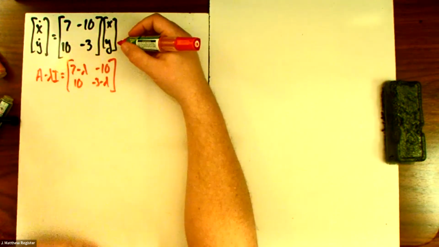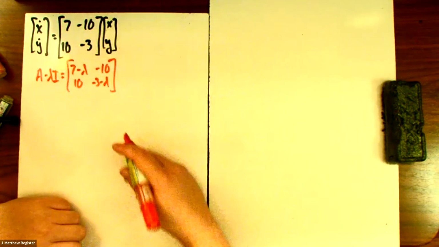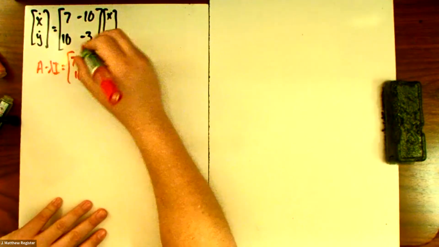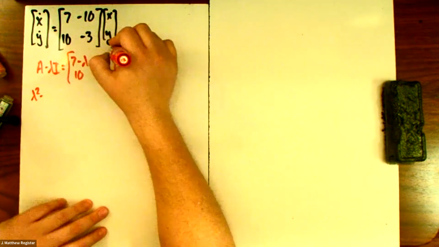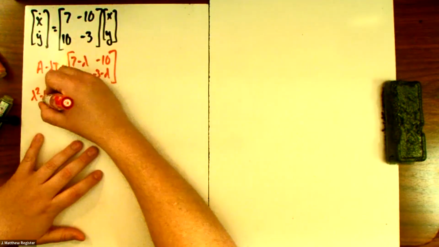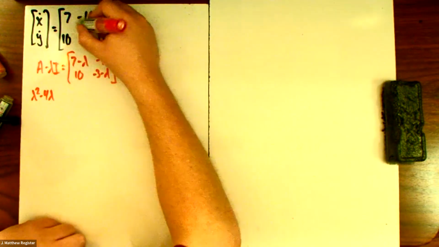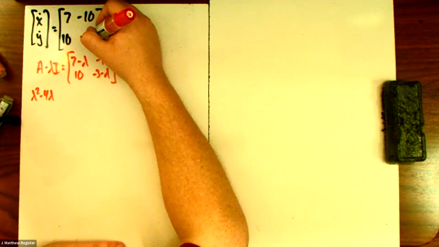The reason why it's important to write it down right is because if there's a small error, the problem can get monumentally difficult. And so from here, we know it's going to be lambda squared minus the trace, which is going to be 4 lambda, and then it's plus the determinant. So 7 and that is going to give a 20. Negative 21.